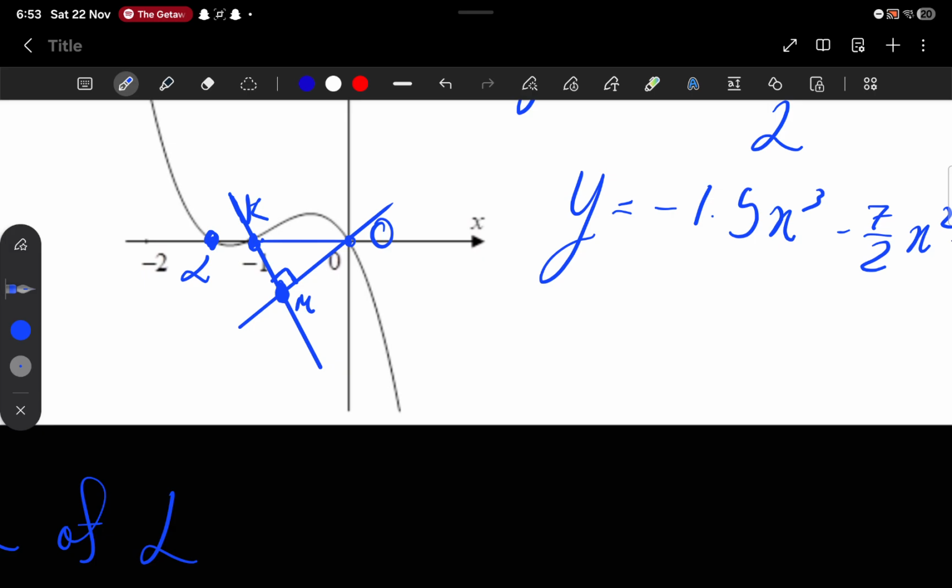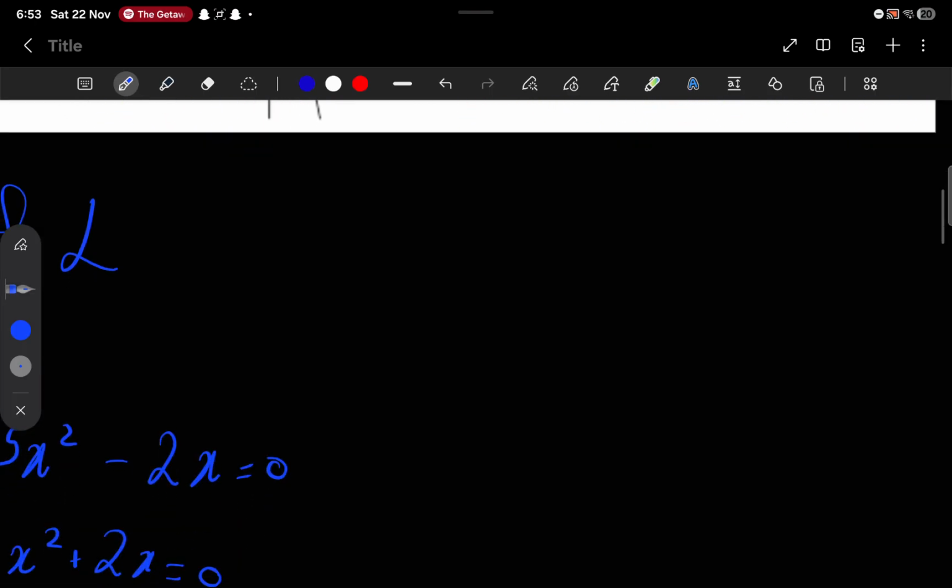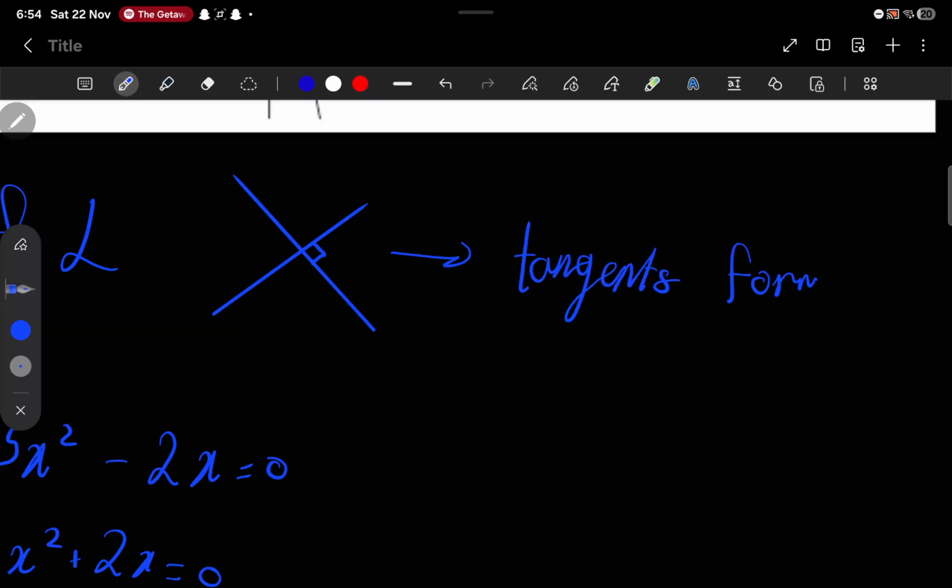Well, a very basic definition of the tangent and the normal. Say your tangent was like this, your normal will be like this. You notice they'll also form a right angle. Why? Tangents form right angles with normals, always.